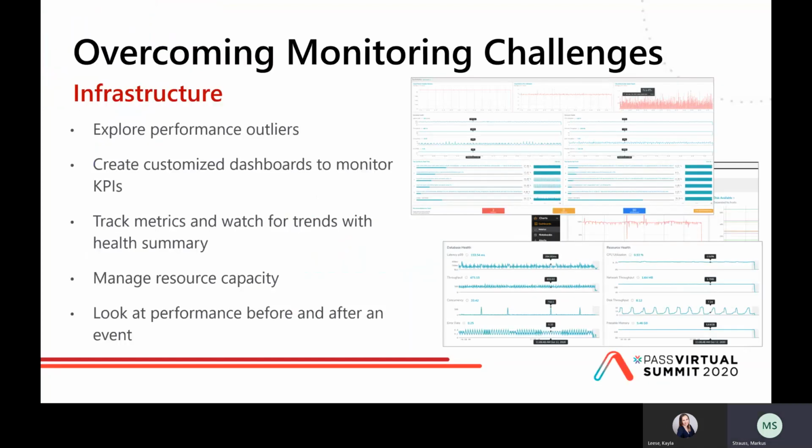So I touched on this earlier at several points, but the ability to correlate all of what we just talked about back to the actual infrastructure.